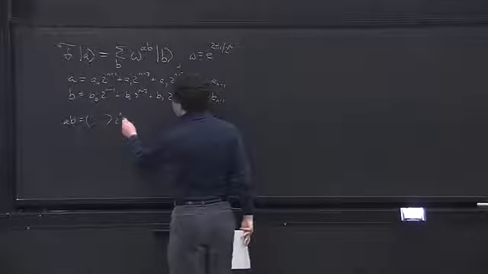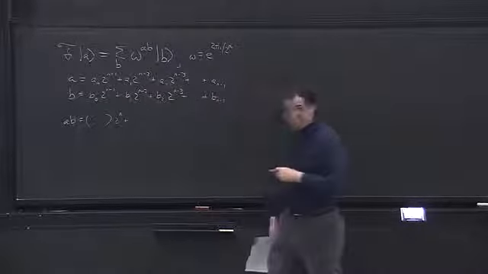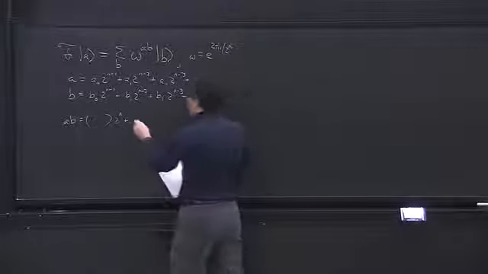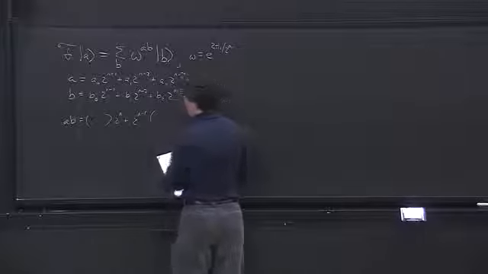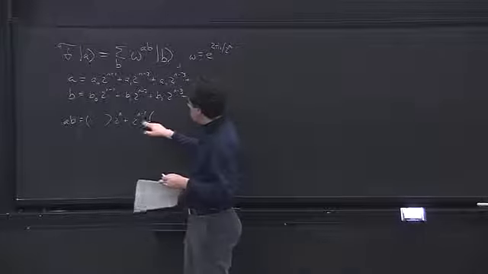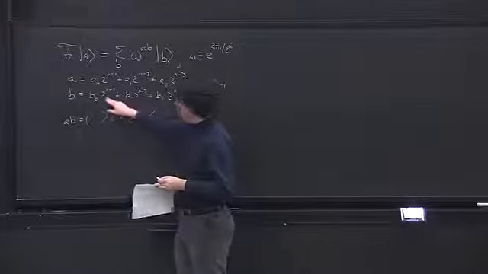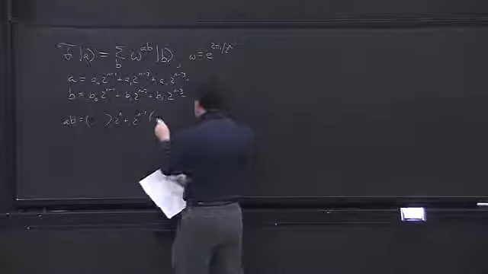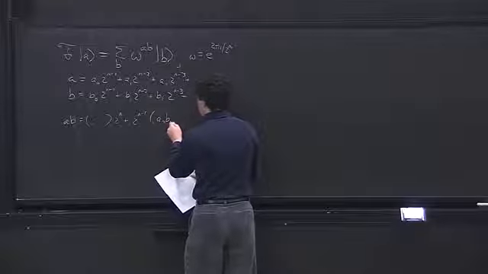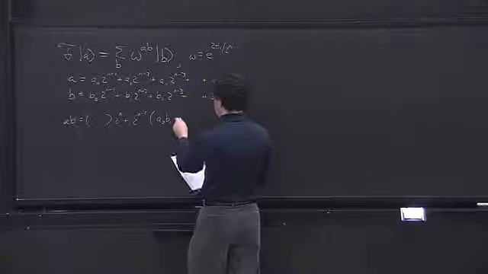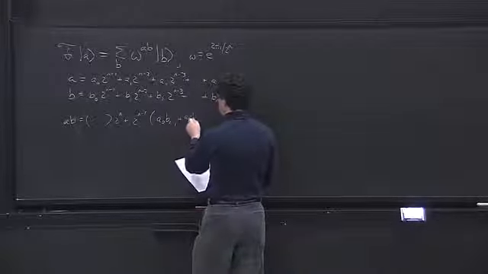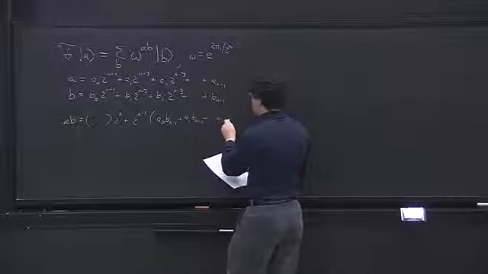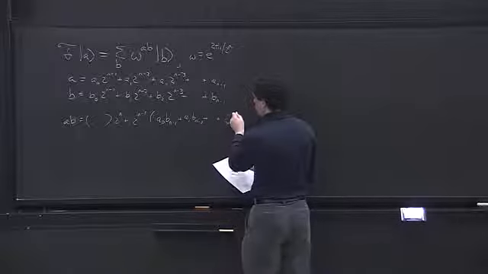So let's start counting, when we do this multiplication, things that have powers of 2 to the n minus 1 or less. So what's the coefficient of 2 to the n minus 1? Well, we get A0 B n minus 1 and A1 B n minus 2, and so on, down to A n minus 1 B0.